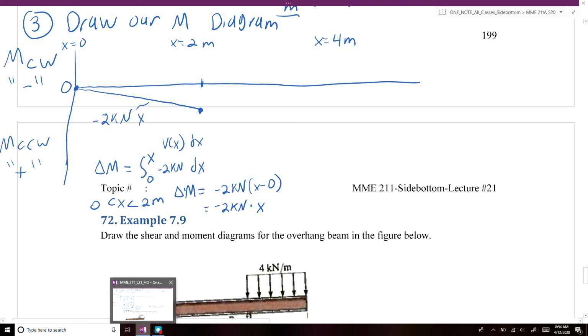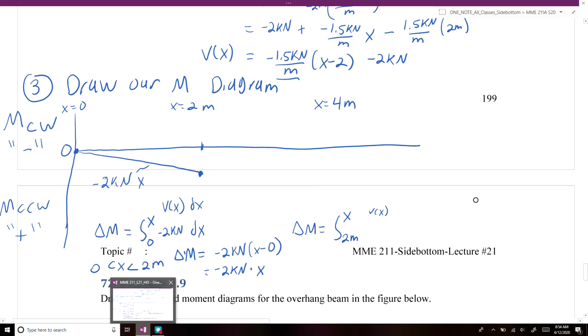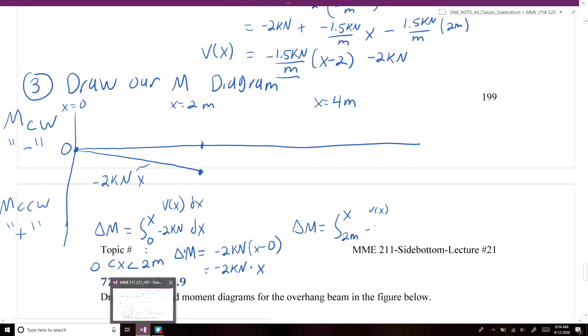All right, then after that point, delta m from 2 meters to the rest of the beam would be equal to the integral of v of x along that section, which we defined as being equal to minus 1.5 kilonewtons per meter times x minus 2 kilonewtons, dx.